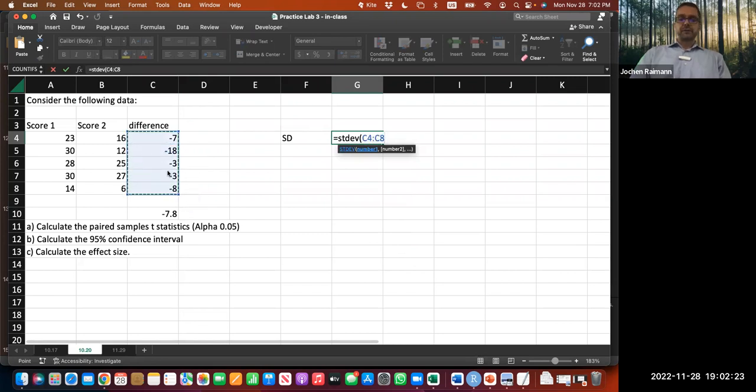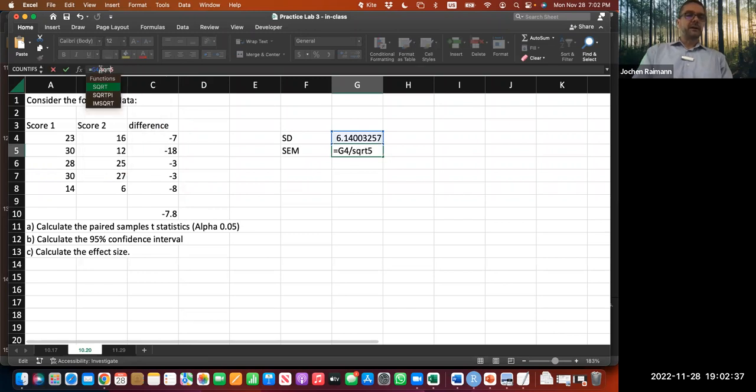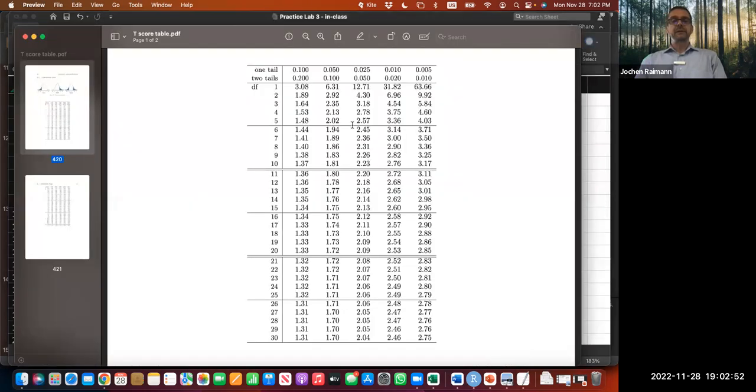The standard deviation of these 5 entries is 6.14. Next we need the standard error of the mean, that's 6.14 divided by the square root of 5, because it's 5 entries. So that's 2.75. Now we need a critical T, which with 5 entries, degrees of freedom of 4, is 2.78.